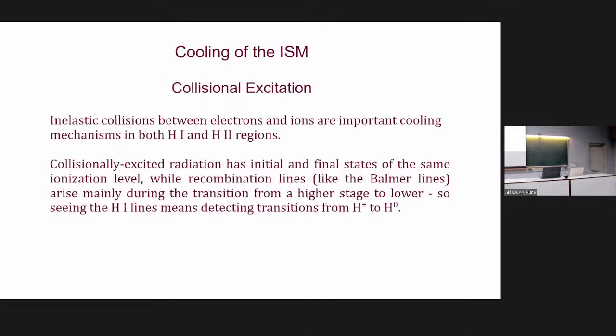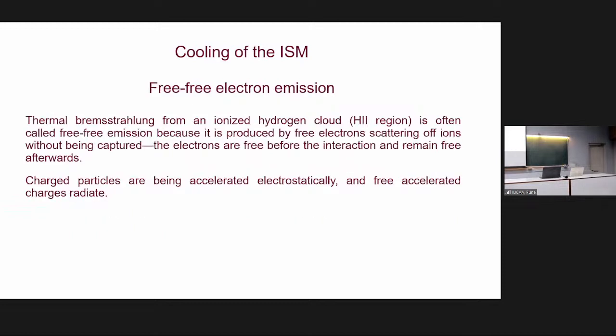Cooling can be from collisions between electrons and ion recombination basically. And recombination leads to the release of certain photons, and that results in cooling of the ISM. This is what I've already told, the Balmer line.